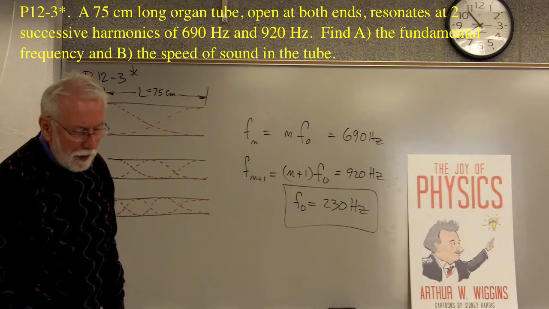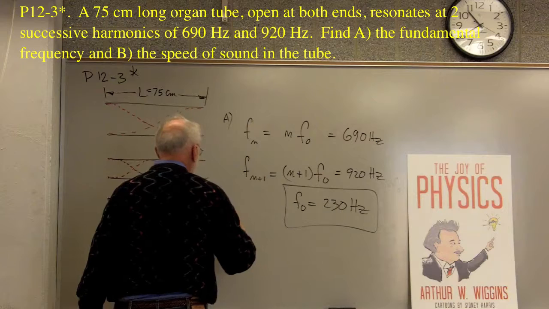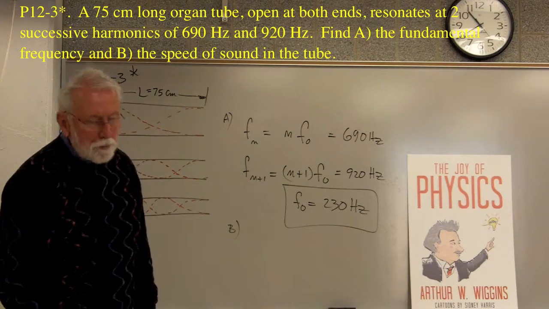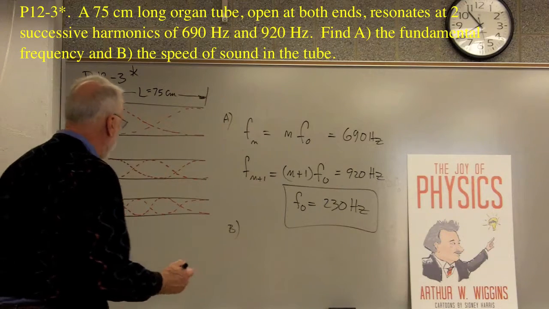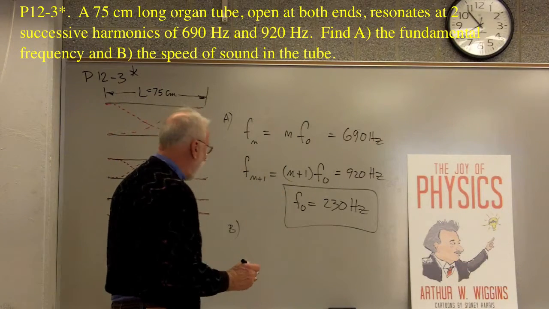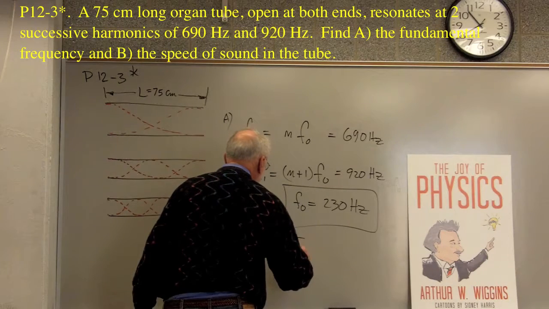That's f0. Fine. There's a B part to this problem. This was A. The B part asks, what is the speed of sound in the tube? Okay, we're trying to get the speed of sound in the tube. Well, we know what f0 is. It's just 230 hertz. We also know f0 is v over 2L.